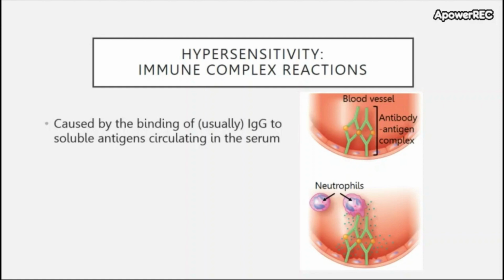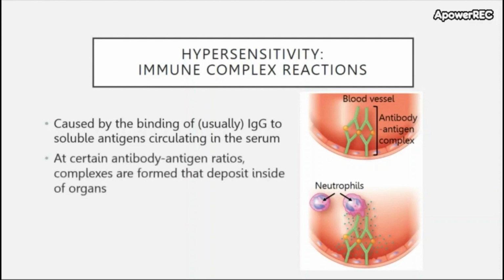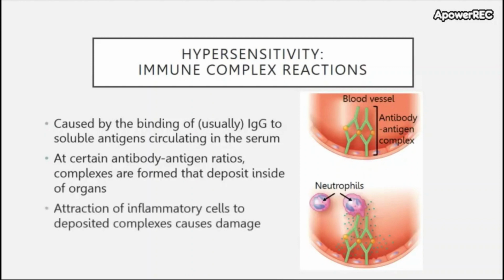So it's caused usually by IgG, which is a free antibody that finds soluble antigens circulating in the serum, and an antibody antigen reaction occurs, and more of these occur, and it forms a larger complex that develops a deposit inside of an organ.